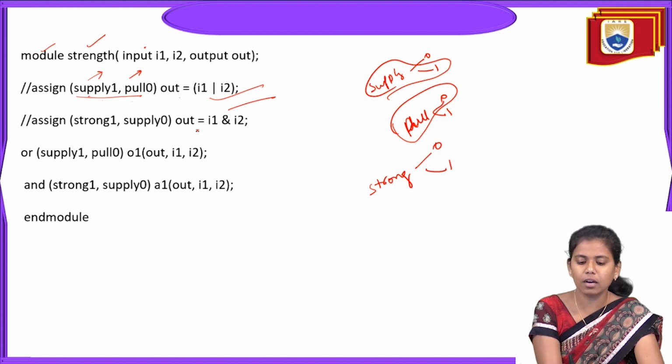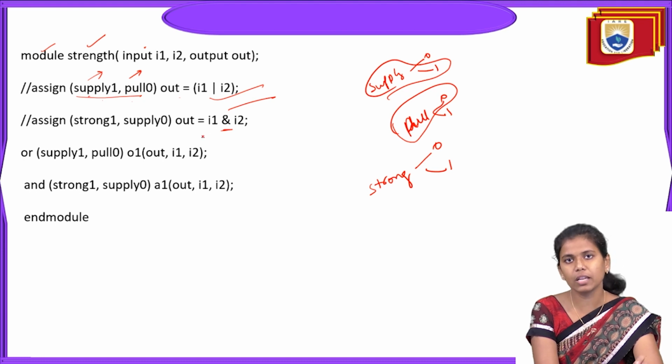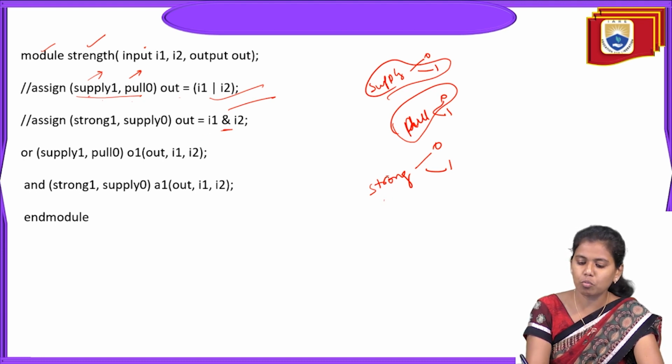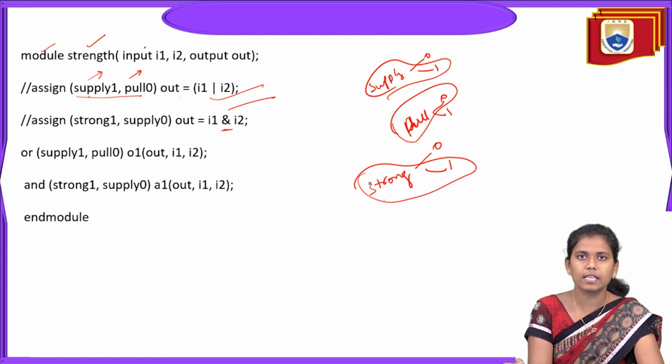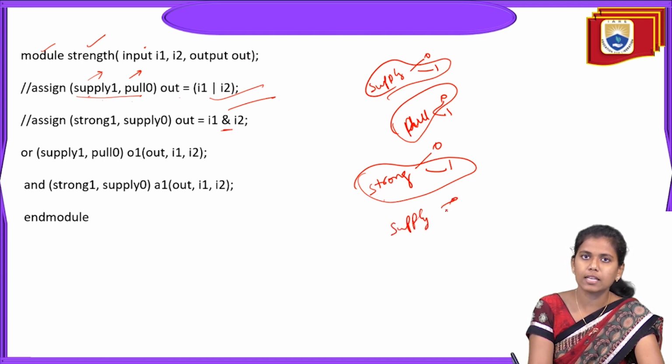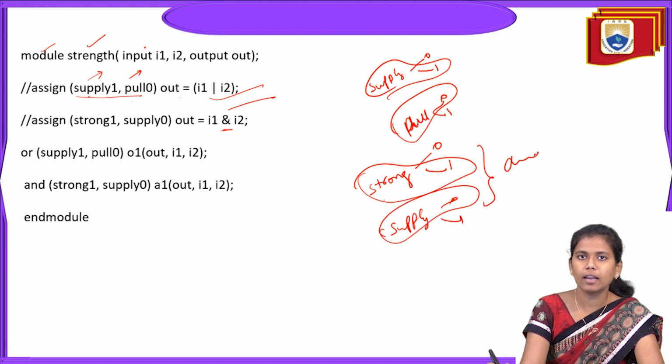So for this AND gate, the strength levels go with strong 1 as well as supply 0. So this is for AND and this is for XOR.